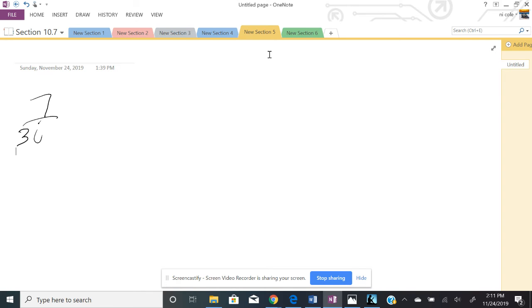Here, again, what's wrong with this? Well, if I rewrote it as that, can you tell me what's wrong with it now? I've got a radical in the denominator. How do I get rid of the radical? So all I have to do is multiply the top and the bottom by i.